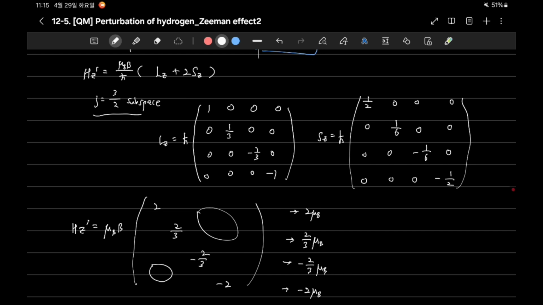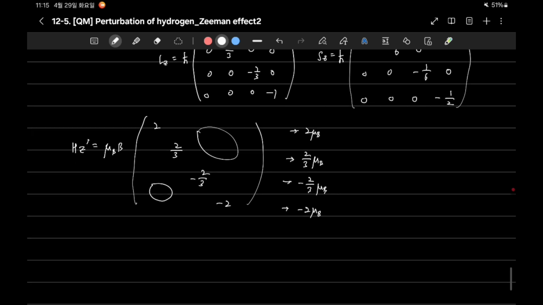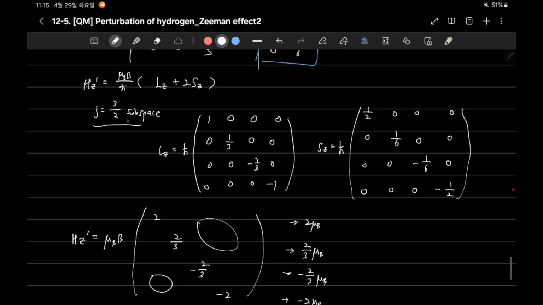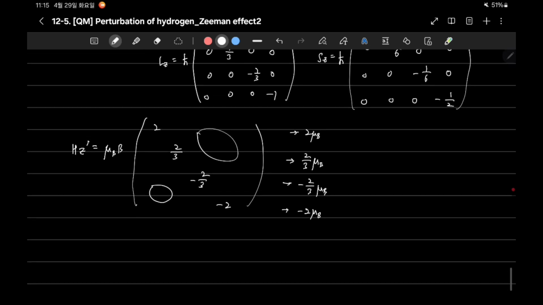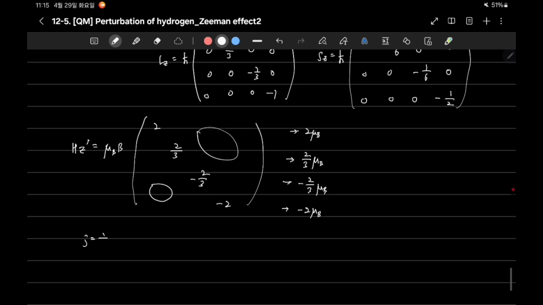It is the J equal to 3/2 subspace, and let's keep in mind that it is also the 2p state, the hydrogen 2p state.